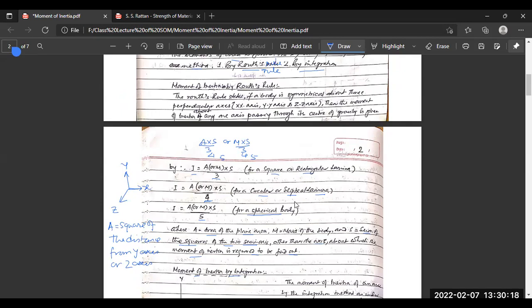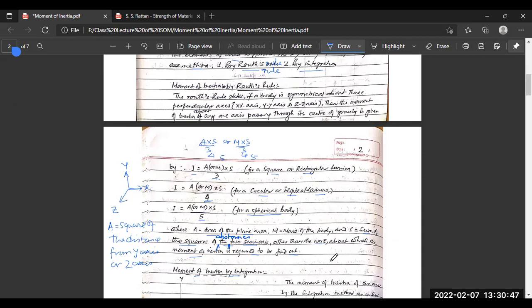So S is the sum of the squares of the distances from the two axes, other than the axis about which moment of inertia is supposed to be taken.